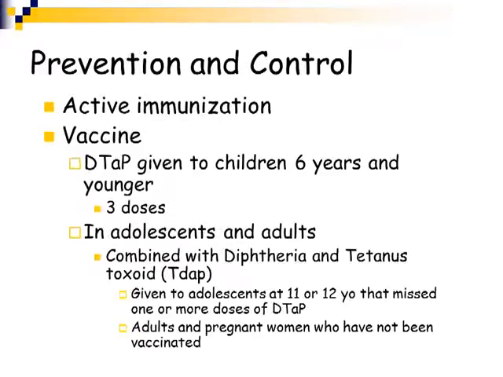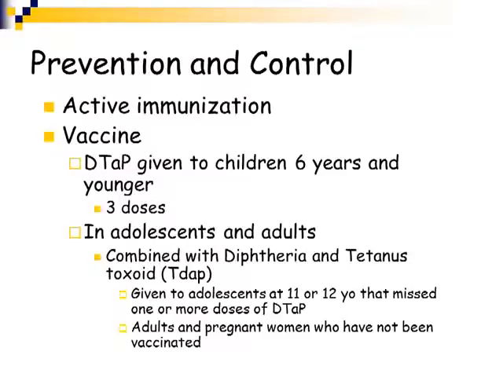The best way to prevent Bordetella pertussis infection and whooping cough is active immunization. So there is a vaccine, the DTP or DTaP, is given to children 6 years and younger, and there are 3 doses of this vaccine given. In adolescents and adults, the Bordetella pertussis vaccine is combined with diphtheria and tetanus.